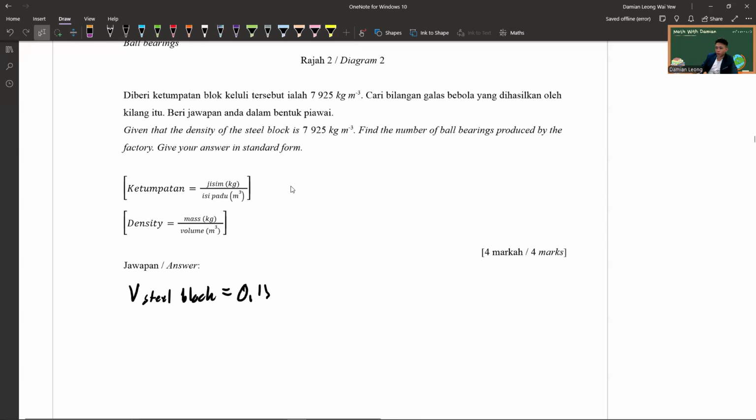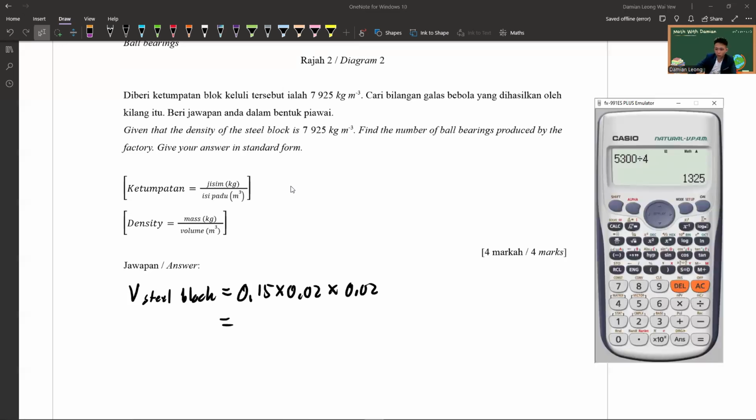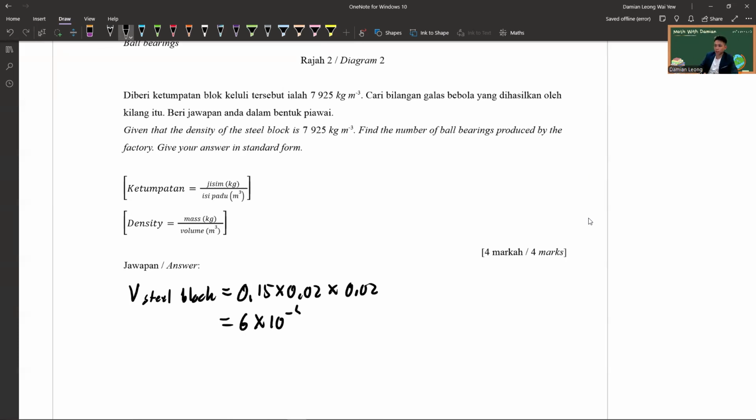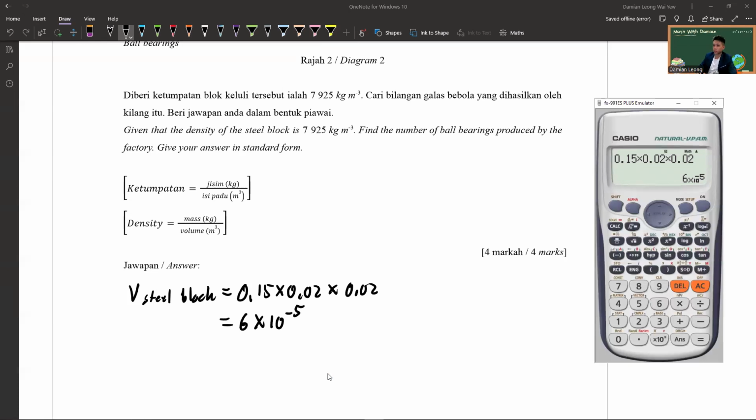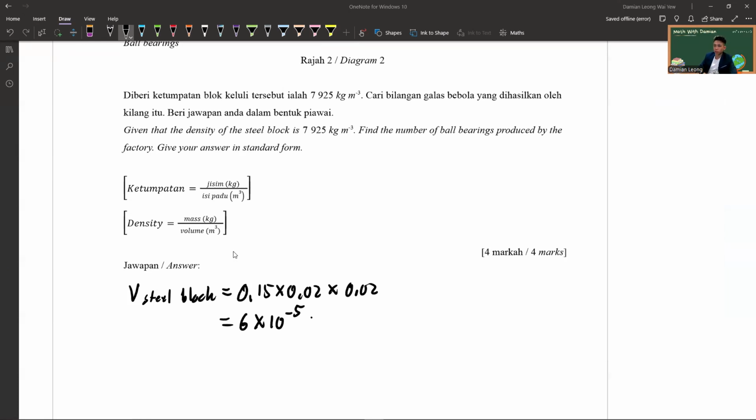Means 0.15 times 0.02 times 0.02. Okay, so we get 6 times 10 to the power of negative 5. Okay, it's okay to put, in this form, meter cube.